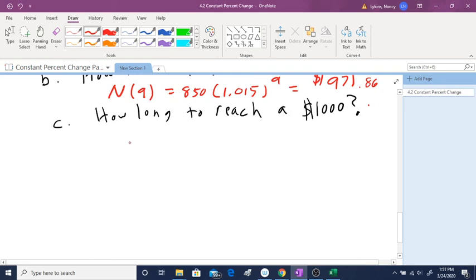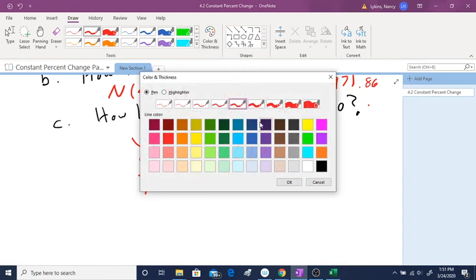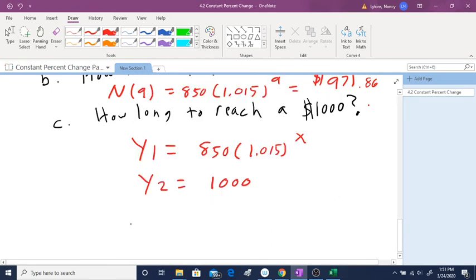If you push that, you get y1, y2, and a bunch of them. We're only going to do y1 and y2. Now y1 is our original equation. It's 850, and then in parentheses 1.015 raised to, we can't use t on our calculator, so we're going to use x. Now for y2, I want you to put in 1,000. Now this is going to be a two-step process.